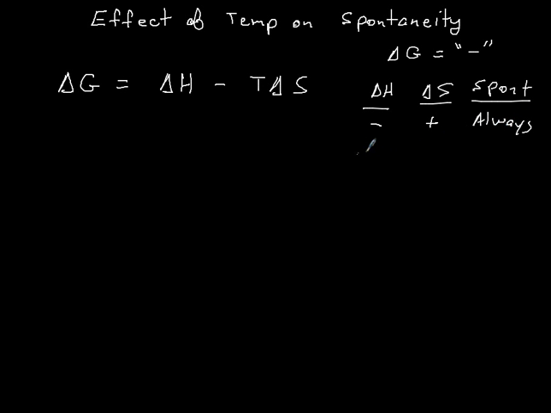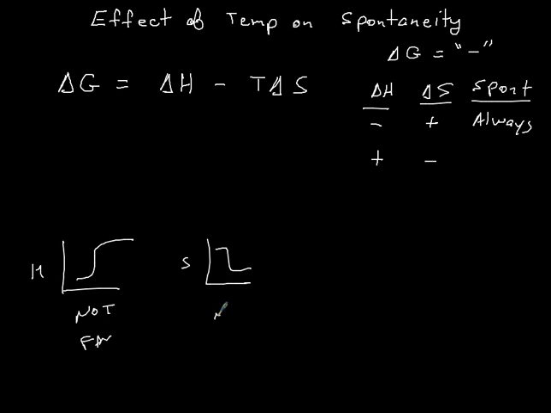Now, what if we flip that? What if we make the enthalpy positive and the entropy negative? Remember, enthalpy being positive is not favorable, and entropy being negative, becoming more ordered, is not favorable. If both of these situations are not favorable, we will never be spontaneous.